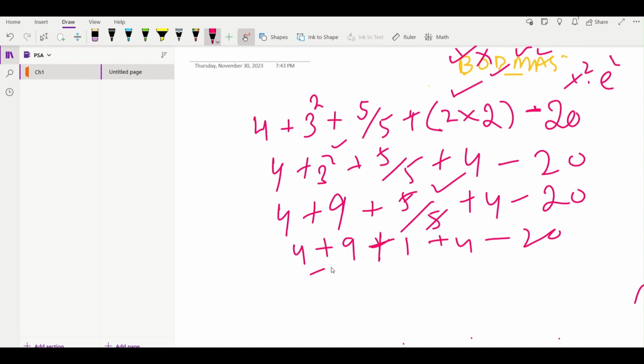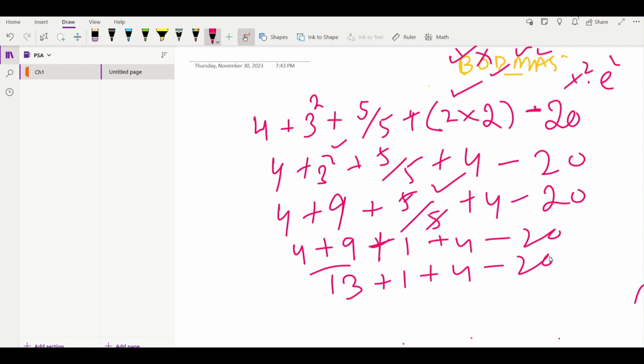Here addition comes first: 13 plus 1, plus 4 minus 20. Addition and subtraction are approximately the same according to BODMAS; whatever comes first, we have to solve first.